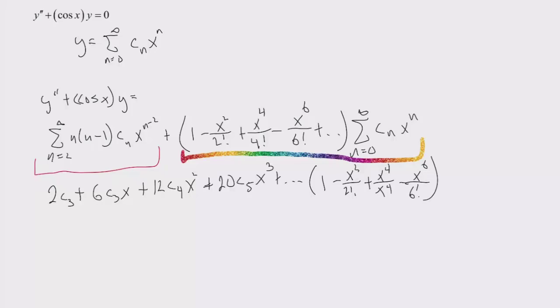All right, so that's all in there. But when I expand out the other one, that's just c0 plus c1x plus c2x squared plus dot dot dot.